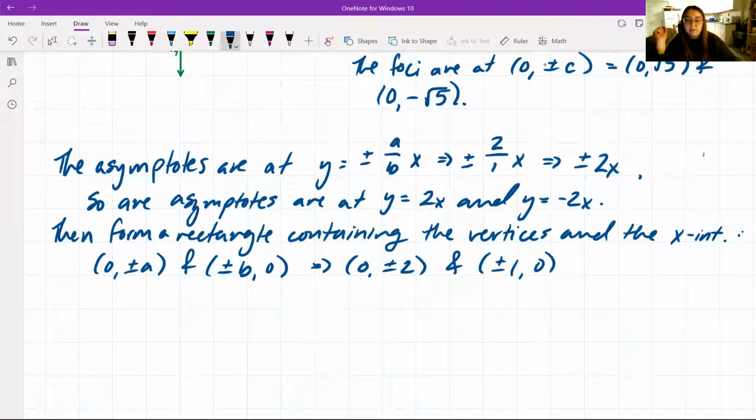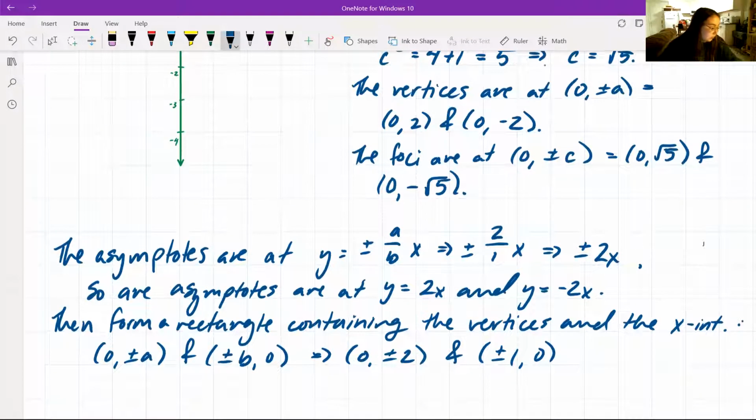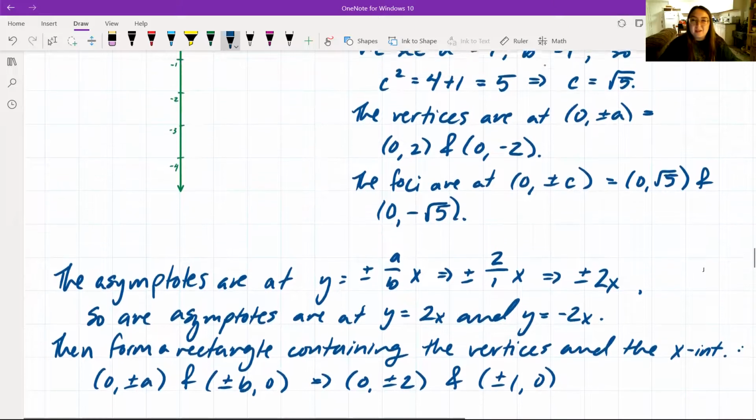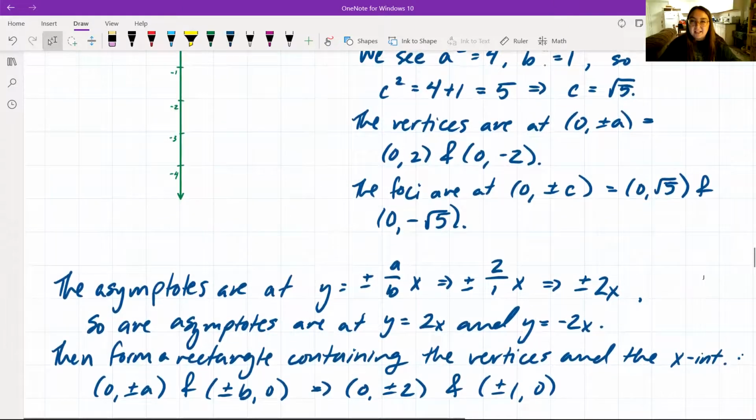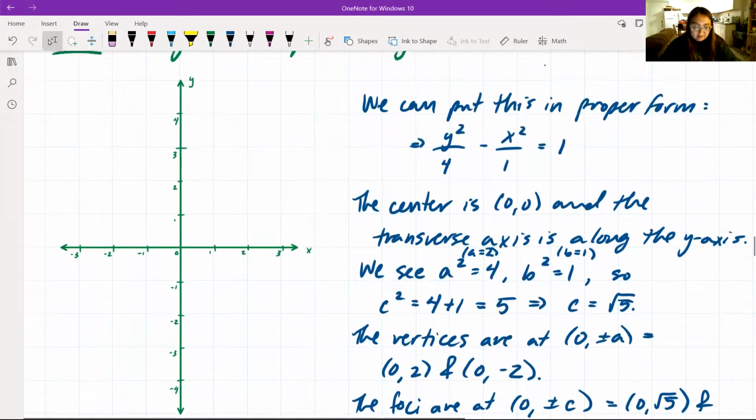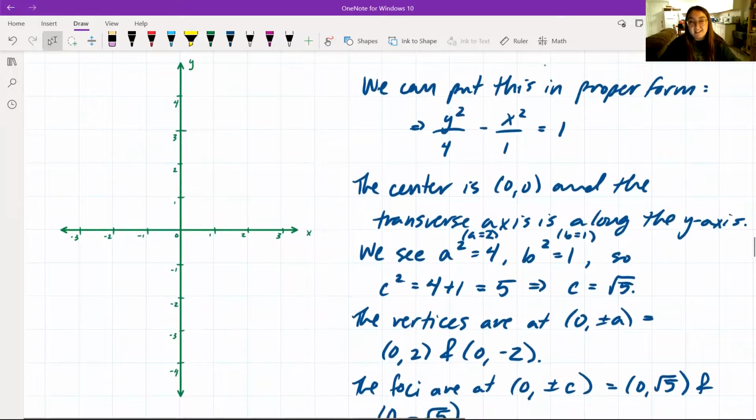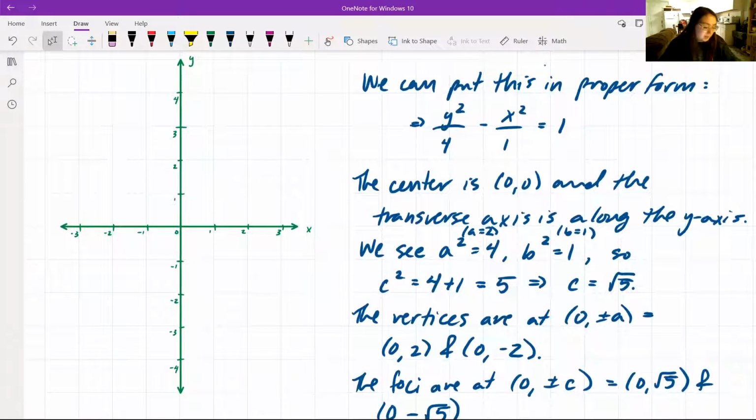So we want to form a rectangle that's going to contain these points. These points are all going to serve as the corners of the rectangle. Writing out the rectangle is just another way that we can have a guide. Drawing out the rectangle is not necessary, but it does help alongside the asymptotes.